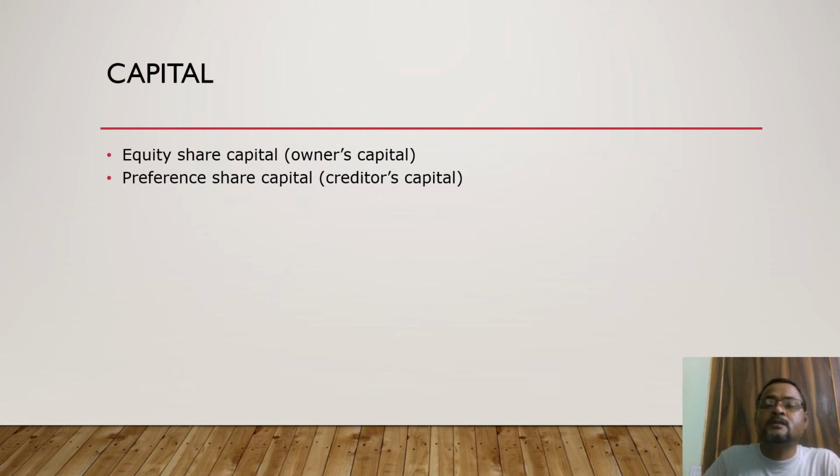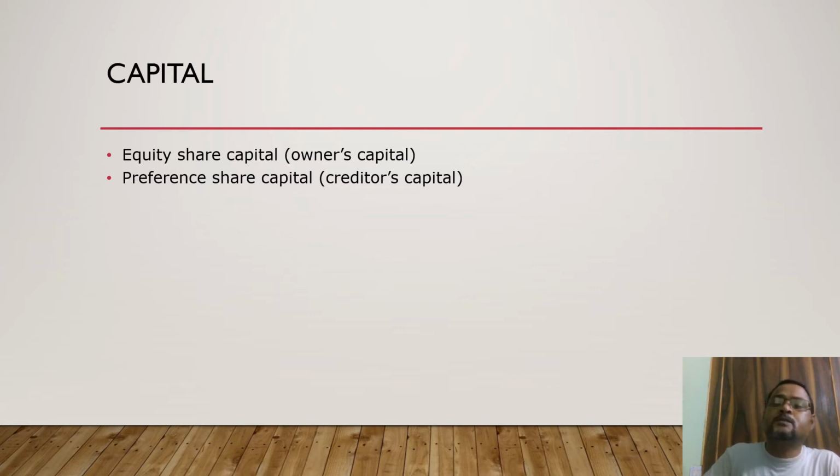So this means preference share capital is quite fundamentally different from equity share capital. Equity share capital doesn't come with any fixed dividend percentage. If the firm makes a profit in a particular financial year, then the directors of the company can declare a particular percentage of the profit as dividend.